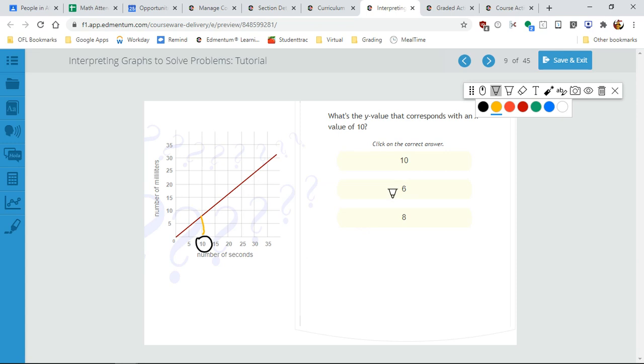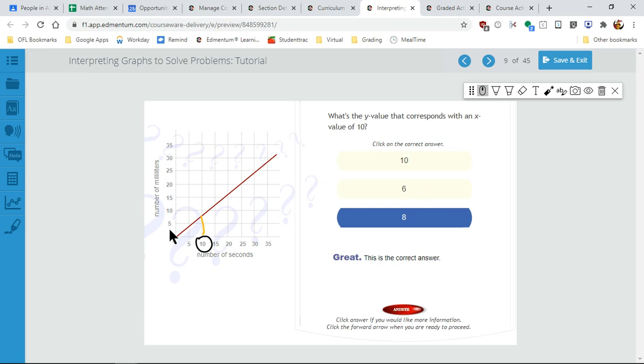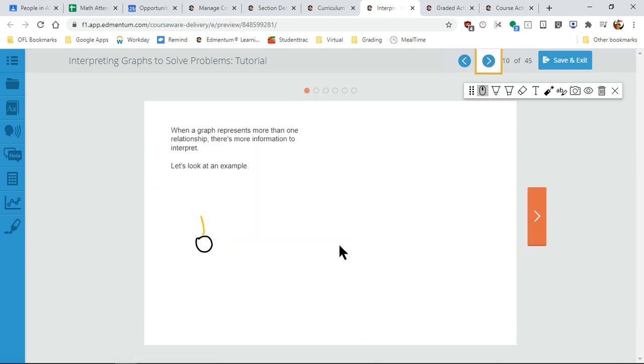I'm not going to say 6 because it's closer to the middle. So I'm going to guess and say 8. This one was a little tough because it's in the middle. Usually they're not this hard. So that's how you kind of have to guess this. You knew it was between 5 and 10, so it wasn't 10. Just use your best kind of guessing.